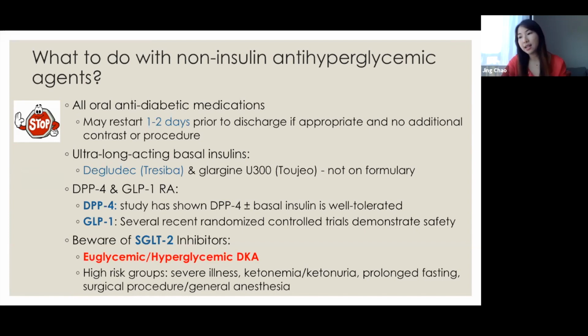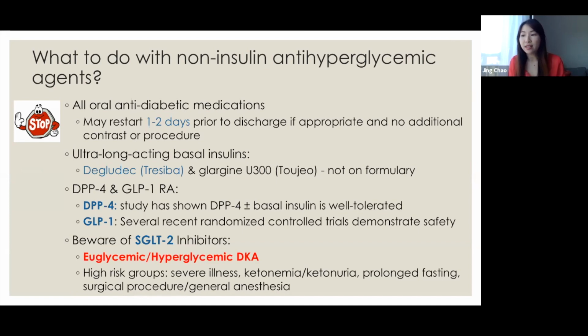So one study randomized 54 patients to either what's called the basal plus regimen, which is basal plus correctional insulin, or to basal plus dulaglutide. This study was conducted over 7 days. Blood sugar was checked before and after each meal.